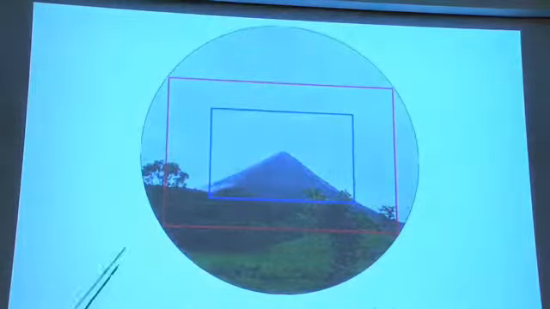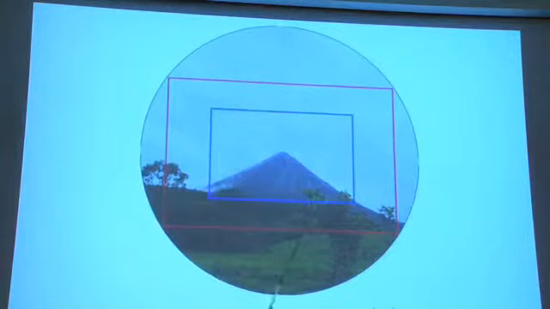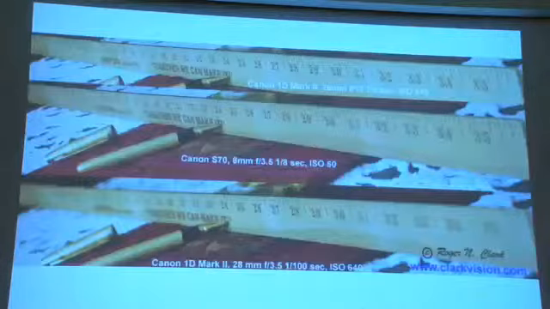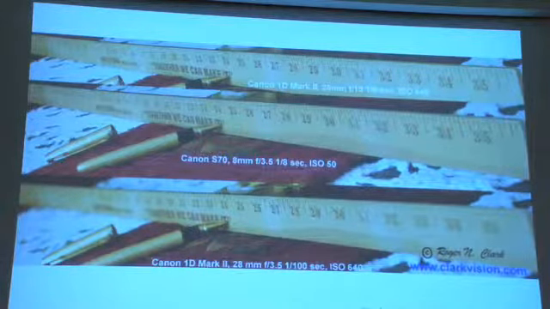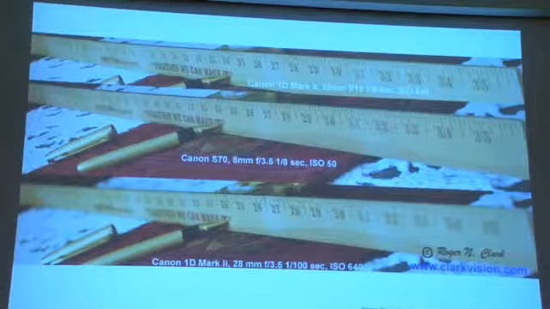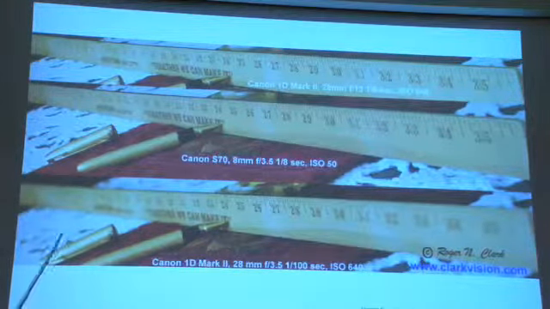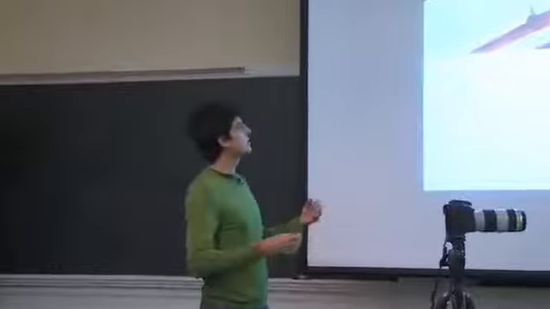The smaller sensor, in order to capture the same amount of information, has to use a wider lens. So it follows that if we are using a much wider, shorter lens to capture the same field of view that we do for the larger sensor, then we are not going to have as much out of focus regions in this smaller camera. So it's not really because the camera itself is smaller. It's the result of all of these physical properties coming together and impacting the way that we can take a particular photo.